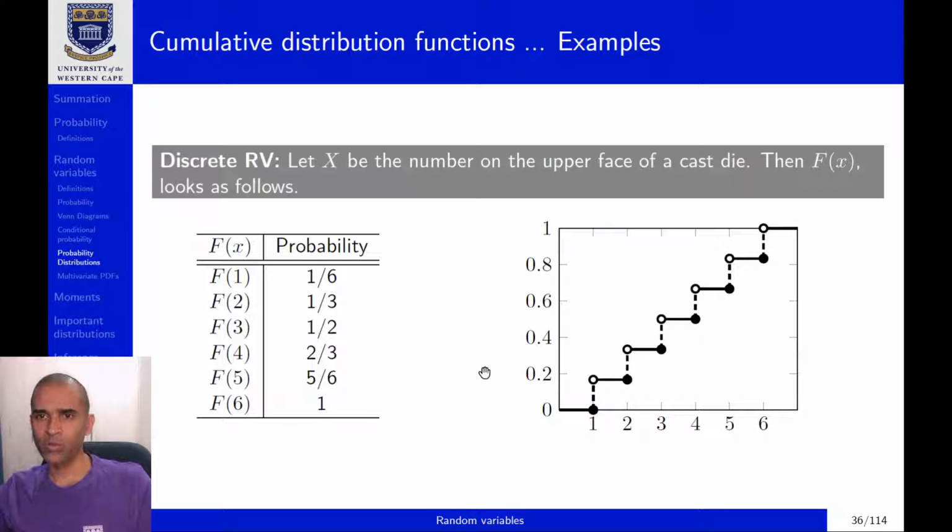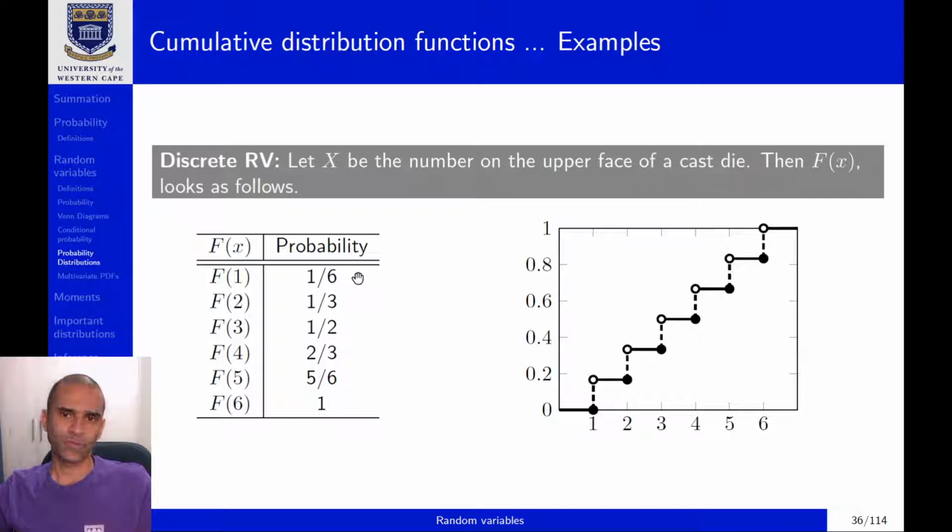This is the example where X is the number on the upper face when we roll a die. We know the possible outcomes. They range over the integers 1 to 6, and the probability for each of these is the same, 1 over 6. So the cumulative density function just sums the respective probabilities for each possible outcome from the lowest value to the highest value.